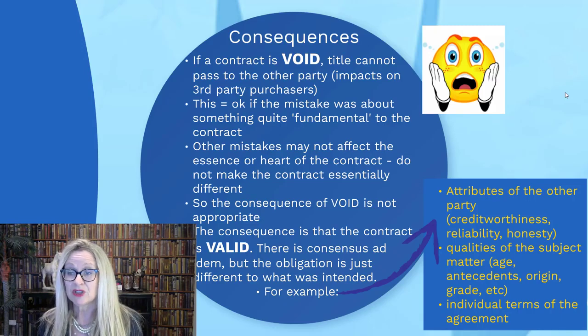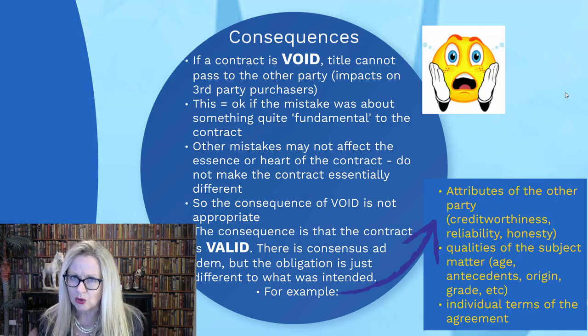A big one there, which I haven't put in, is value. Individual terms of the agreement, usually also. These things, they don't affect the whole contract itself. They're not fundamental. Usually they're just little attributes around the edges that the parties have kind of assumed.